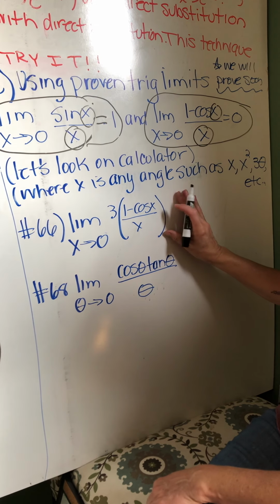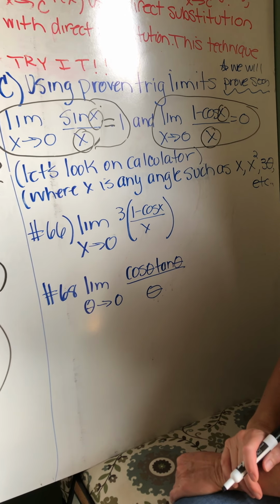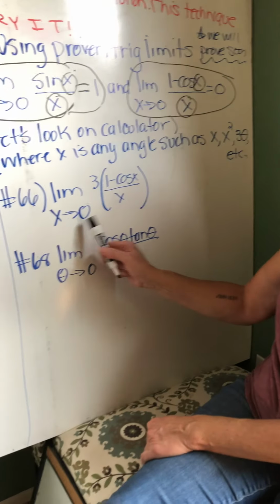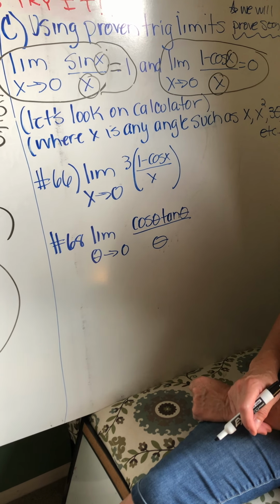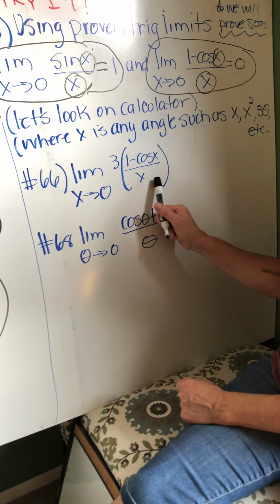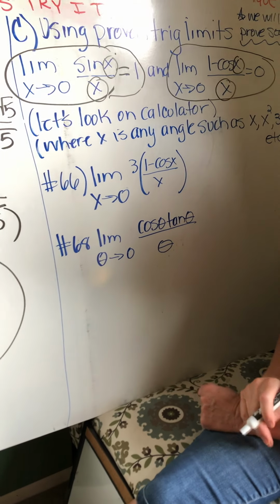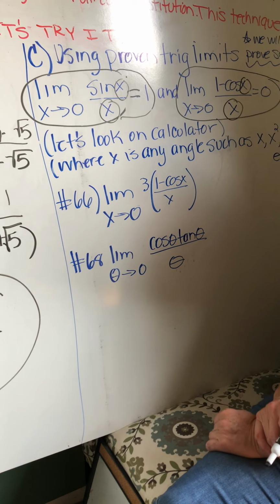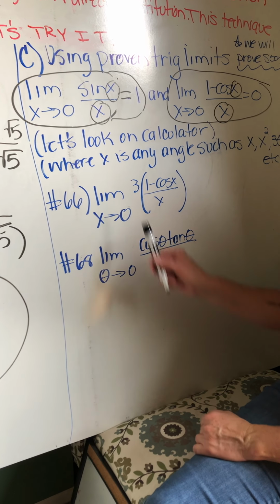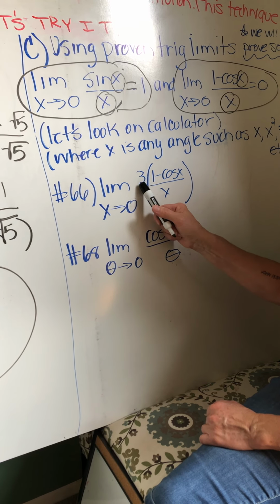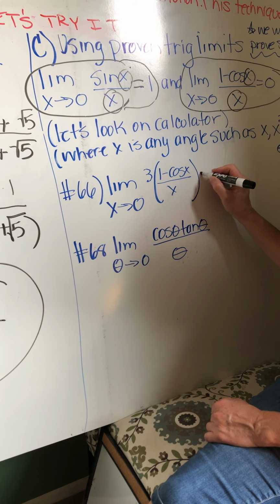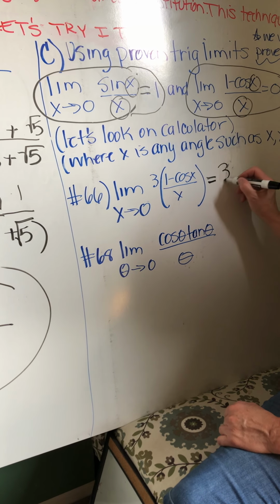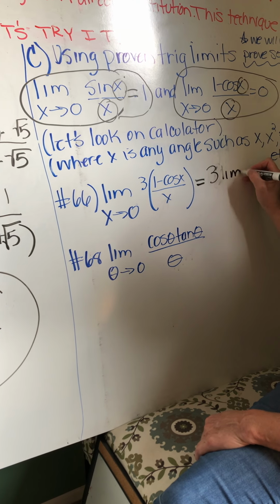Okay, let's take a look here. The limit as x approaches 0 of this function. Okay, I see trig. I see that x is approaching 0, doing my checking for patterns. Oh, I do know what this limit is. Miss Culver says that it's 0, and it is. What about this 3 out here, though? We learned properties of limits. We know that the limit of a constant times a function is also equal to the constant times the limit, right?